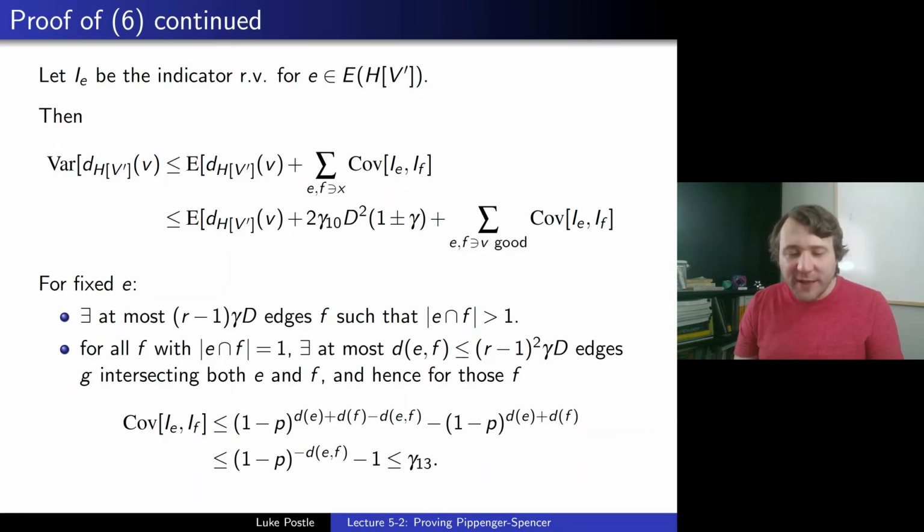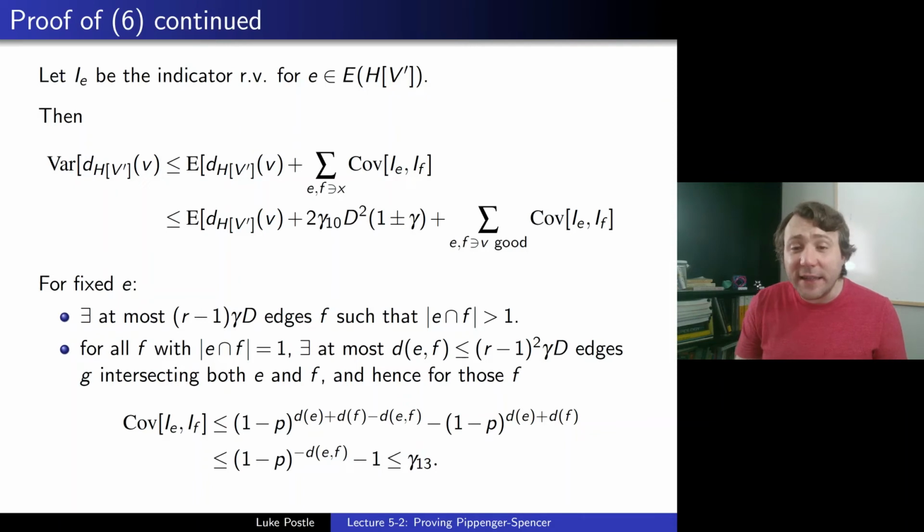So somehow if you fix an e, again, there's just not too many edges with overlap there, right? Because of the co-degrees, there can't be too much co-degree happening among the vertices that are in E. And then for all f with E intersect f being 1, we can also note that they just don't have many edges that go to both of them.